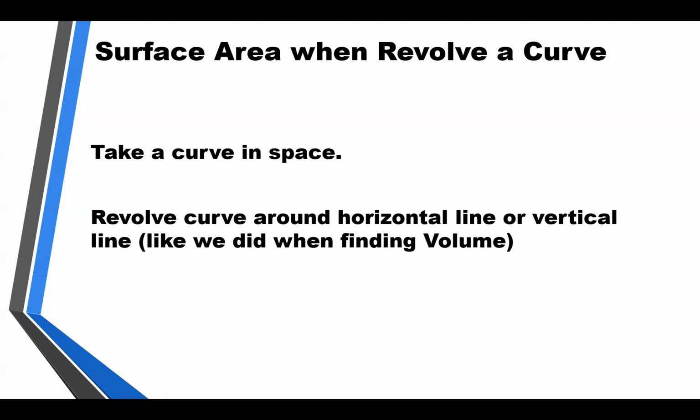Now, what kind of surface area are we talking about? We're talking about the surface area when we revolve a curve around a horizontal line or a vertical line. Kind of like the revolution we were doing when we found volume. So we take a curve in space and we're going to revolve it around either a horizontal line or a vertical line, like we did when we found volume.